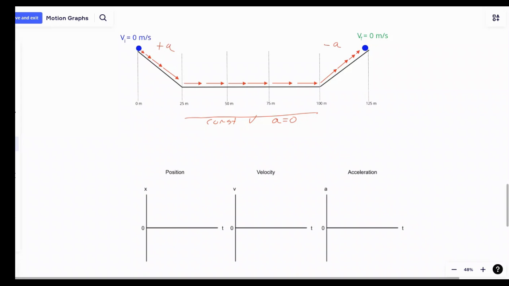Okay, well, remember, curve up to show acceleration on a position time graph, then a straight line to show constant velocity, and then a curve down to show deceleration. Okay?